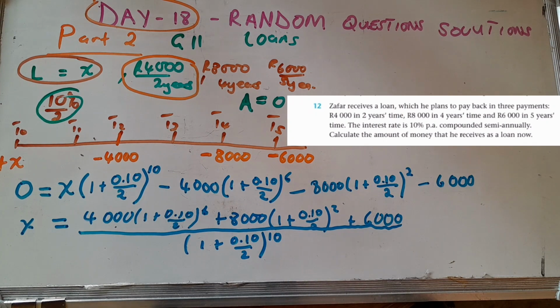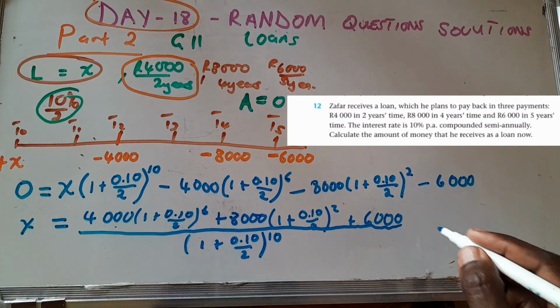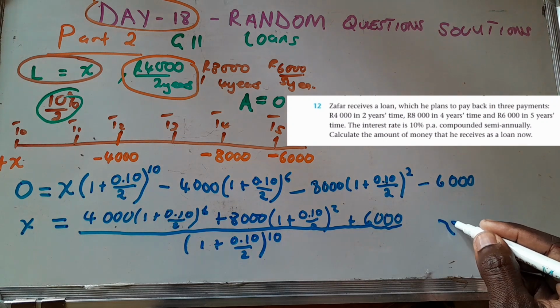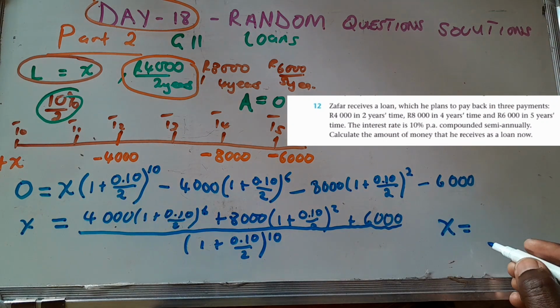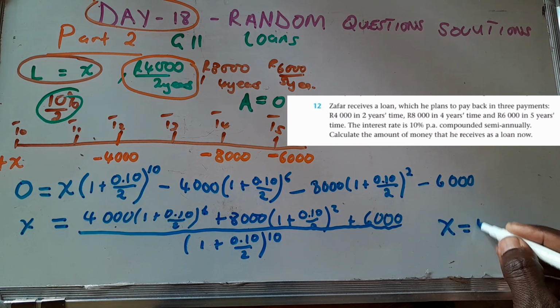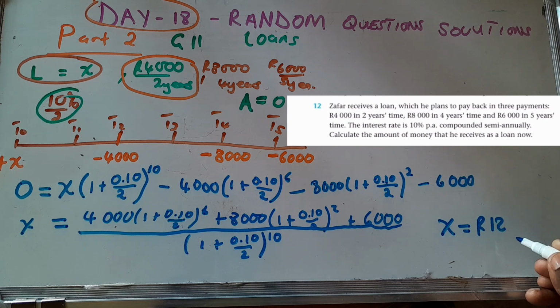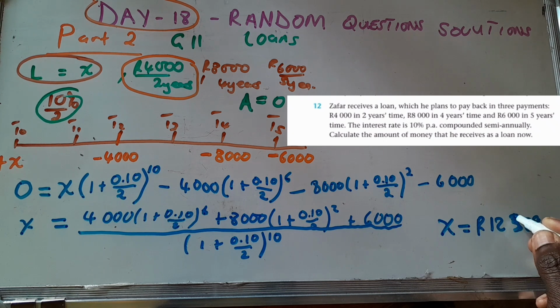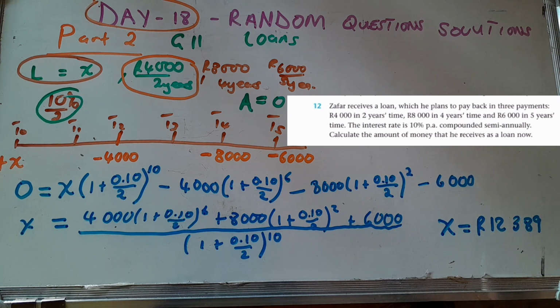Once you substitute everything inside the calculator, we are going to find that our x is equal to just 12,389. So he took out a loan of 12,389, like that. So this is how you can deal with the loan situations.